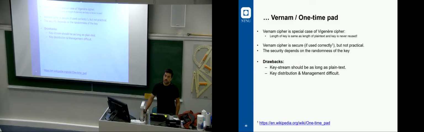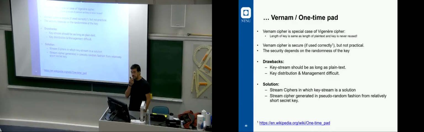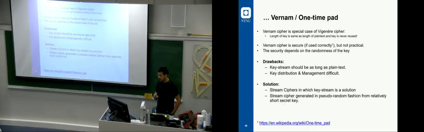So we have key streams and their distributions, which is like hard to manage. For the solutions, we have stream ciphers, in which we have key streams. But it is not say alpha.